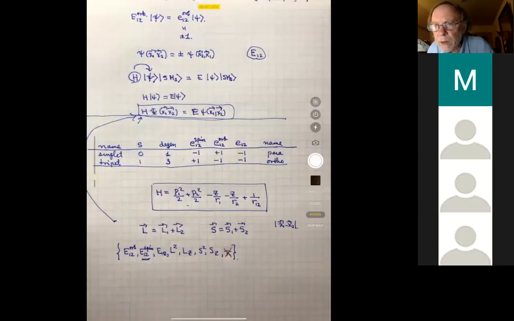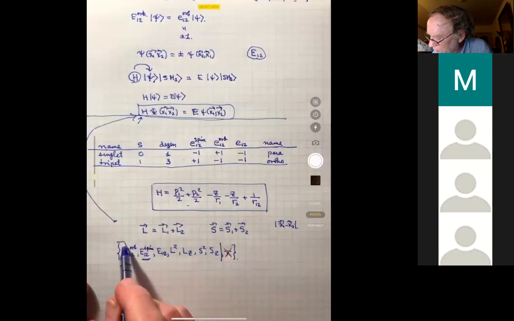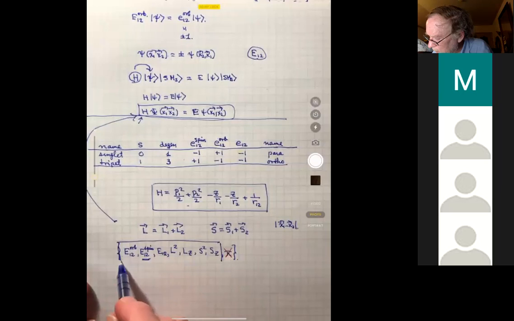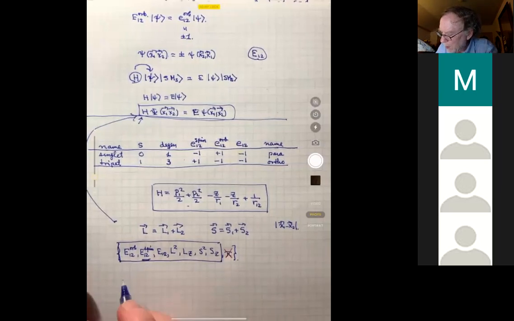Parity is more important in multi-electron atoms. So let's work with this collection of commuting symmetry operators that also commute with the Hamiltonian. Let me write down the notation for the eigenvalues of these operators.